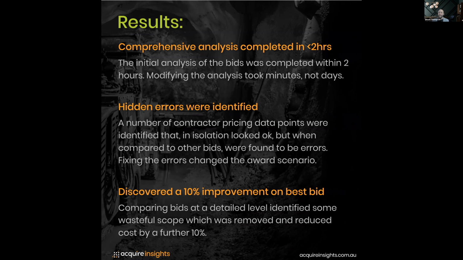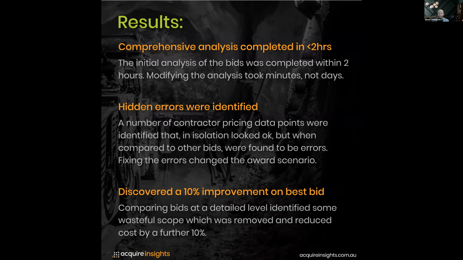But then supplier D had it at $150. Initially you might think that looks all right, but when you run analysis across it, you find it's out by a significant margin. The software flagged it and said, this is out by a significant margin, so you might want to take a look at that. When it's only out by a little margin, that's okay, and you can do a quick sense check.